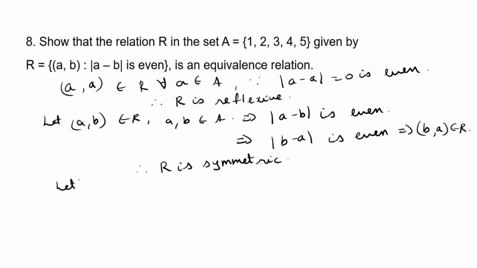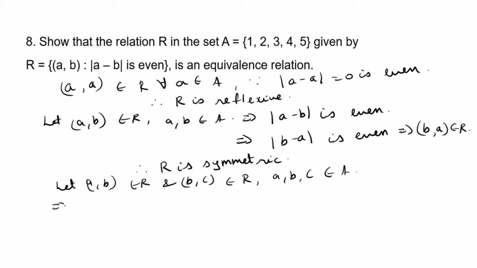Now we have to prove R is transitive. Let a comma b belongs to R and b comma c belongs to R where a, b, c belongs to A. Now a comma b belongs to R means mod a minus b is even, or we can write a minus b as plus or minus 2m where m is an integer.